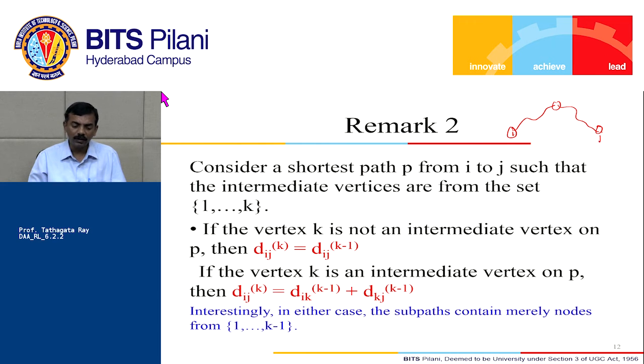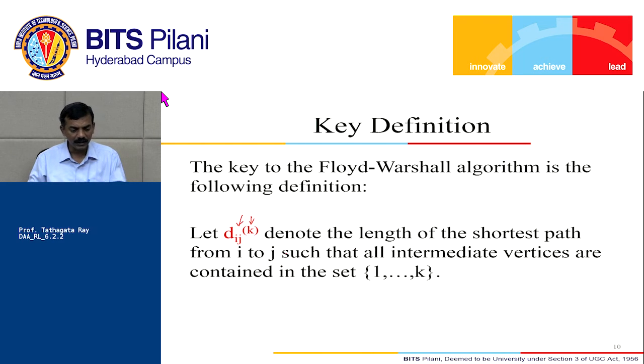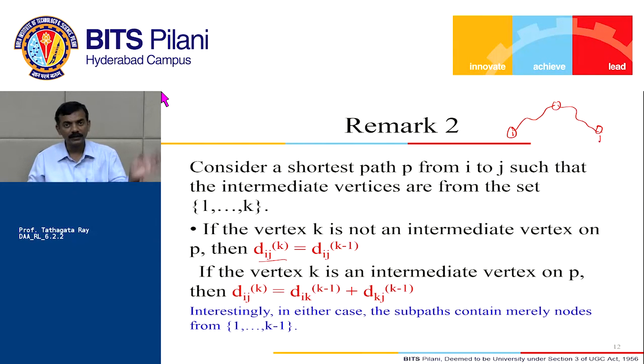Now notice, if the vertex k is not an intermediate vertex on the path P, then what is D_ij^k? Recall, D_ij^k is the length of the shortest path from i to j such that all the intermediate vertices are contained in 1 to k. So if the vertex k is not an intermediate vertex, then D_ij^k must be equal to D_ij^(k-1), because it is not going to pass through the vertex k. It must be passing through the remaining vertices, which is 1 to k minus 1.